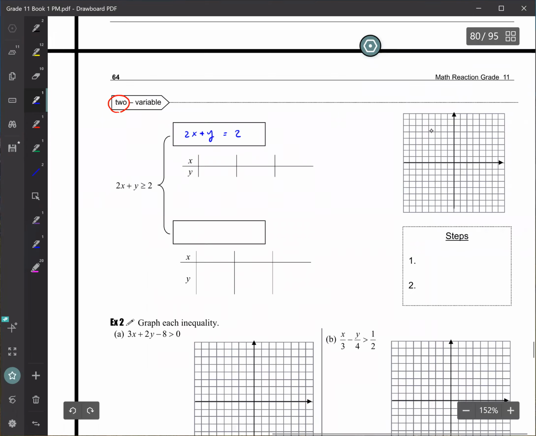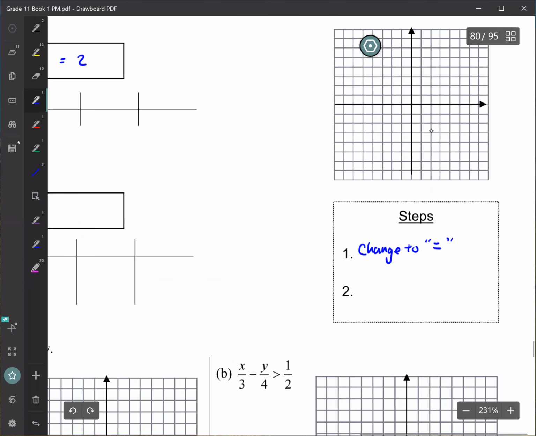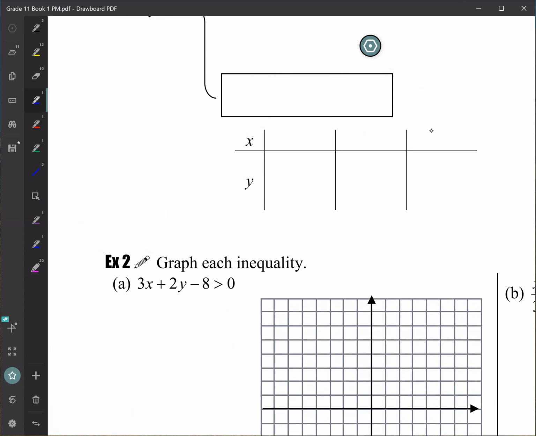Step one is change to equal. If you get an inequality question, you change it to equal, then graph. We graph the part that's equal first, even if the question does not have the equal sign. You still change it to equal.